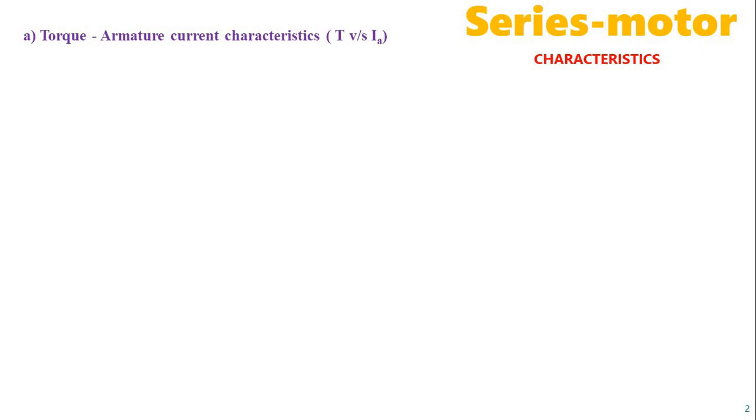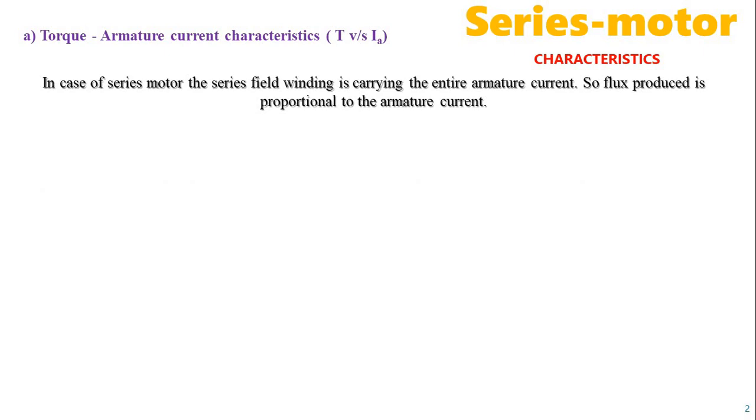Also remember that in case of a shunt motor, flux is constant, but in case of a series motor, flux is directly proportional to armature current. In a series motor, the series field winding carries the entire armature current, so the flux produced is proportional to armature current.